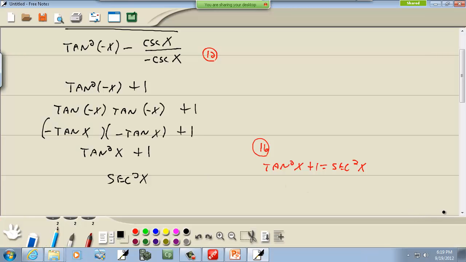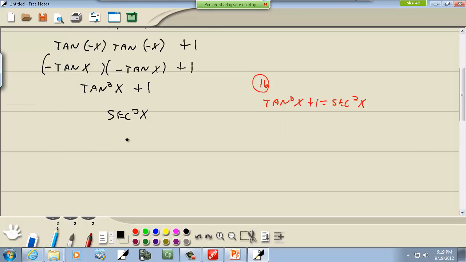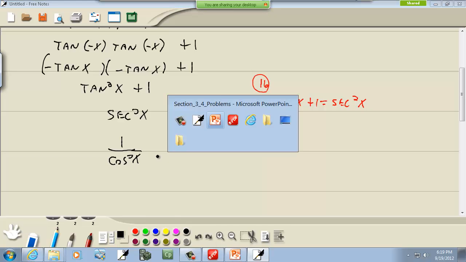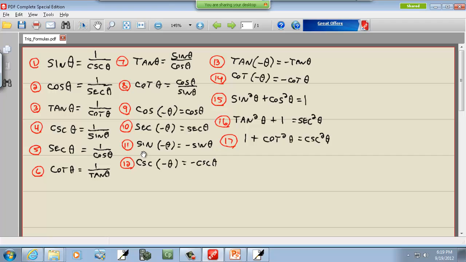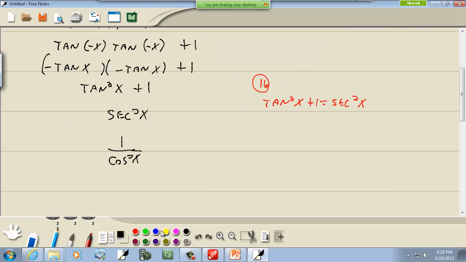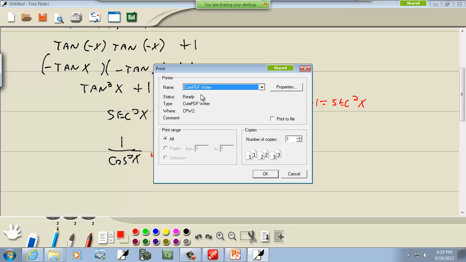Nope, 1 over cosine squared. And secant squared we can rewrite as 1 over cosine squared from property number 5. And that's our proof.